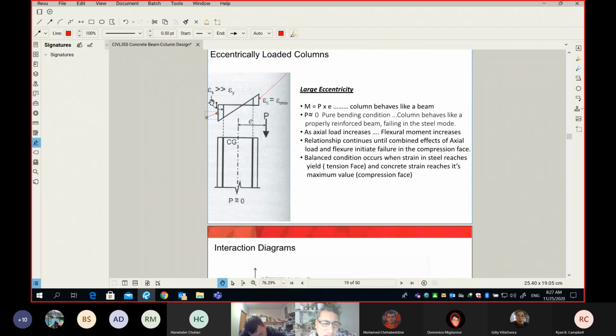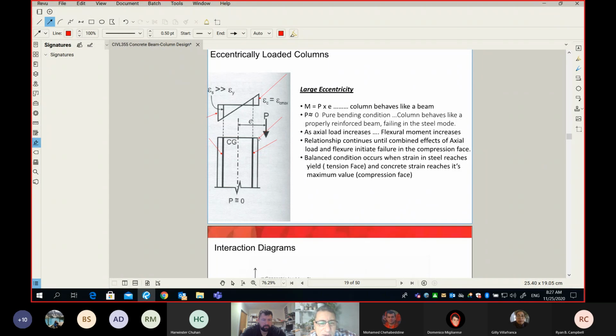Does it remind you of something we studied before, just rotated by 90 degrees? Did you see this picture before, like in beams? Turn your head 90 degrees and we have seen exactly the same thing in beams, where this is the strain diagram and these bars will be in tension and these bars will be in compression.